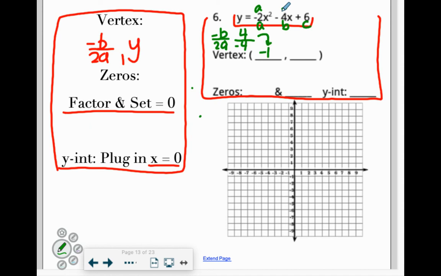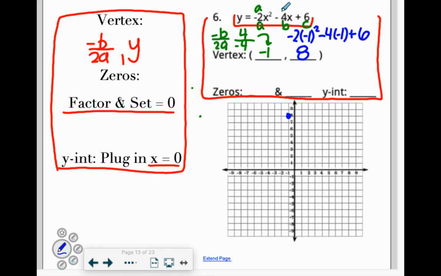Then you take that number and you plug it into the equation for x. And you type that into a calculator. When you type that into a calculator, you end up getting 8. That is your vertex. So for me, that would go left 1, up 8, like that.